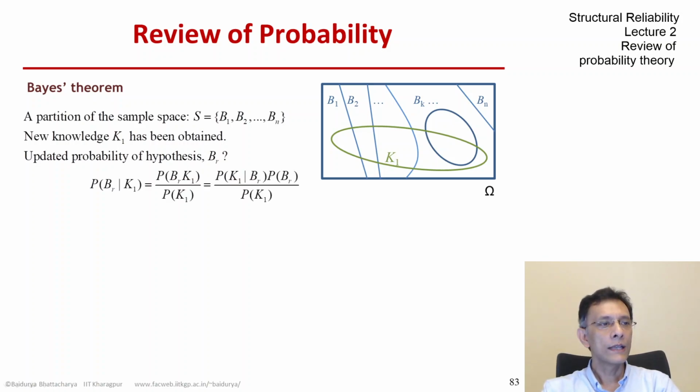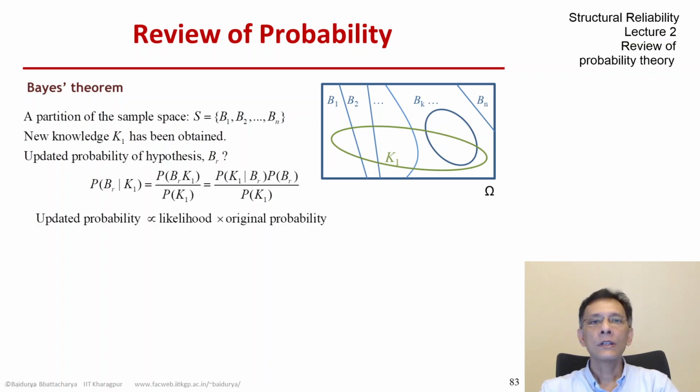It turns out that I can do it by simply restating the definition of the conditional probability. So I can express P of Br given K1 as the original P of Br times the probability that K1 would occur if Br is true, and normalized by the probability of K1.